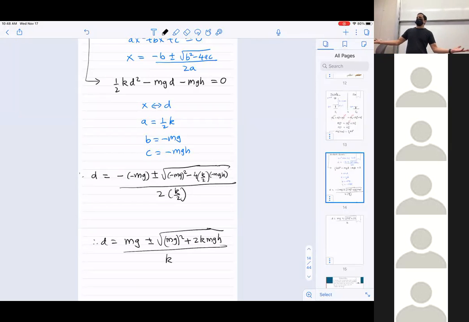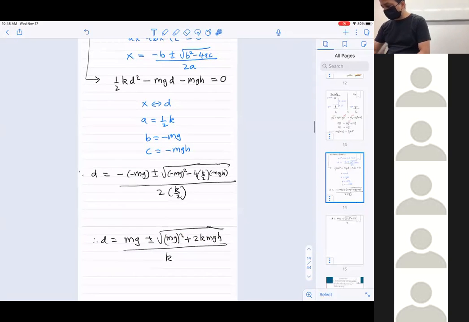So we have two solutions to this quadratic equation. Notice that this negative solution here with a negative sign here is unphysical, because that'll give you a negative value for d. And d is, by definition, a positive number. It's the amount by which the spring is compressed, right? Because this number here under the square root is bigger than this, because this is just mg. This is like mg plus something else. So therefore it's bigger. So therefore this negative sign here will give you a negative answer.